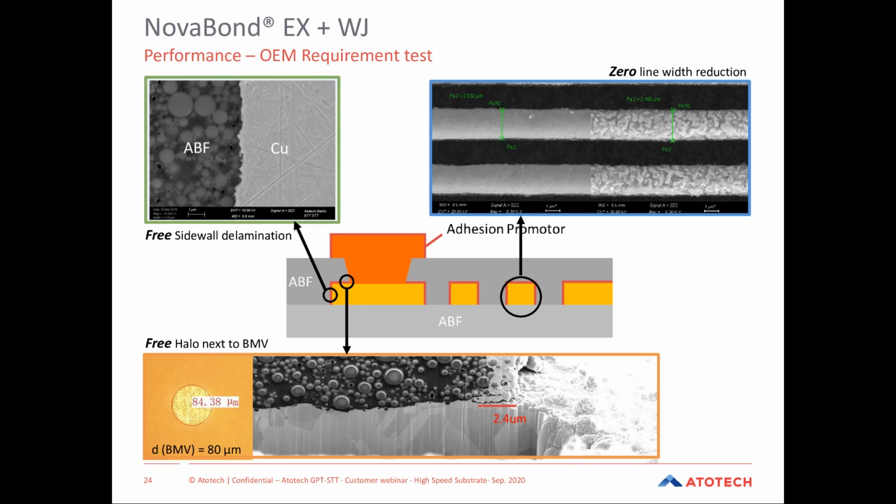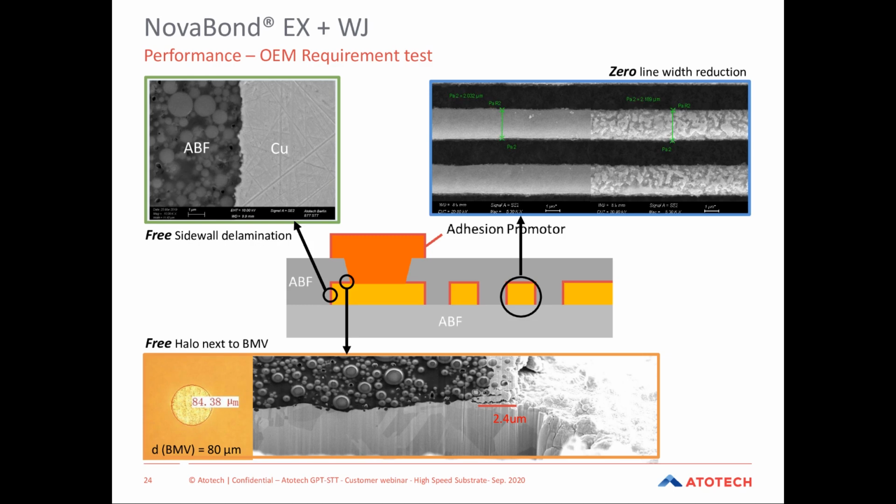Sidewall delamination happens beside the tracks with the lamination materials. That's also what they observe when they apply such a system, which is low roughness with adhesion promoter. Indeed, you could see from the pictures that we didn't observe any delamination. There is no gap between copper and ABF material. So no sidewall delamination.